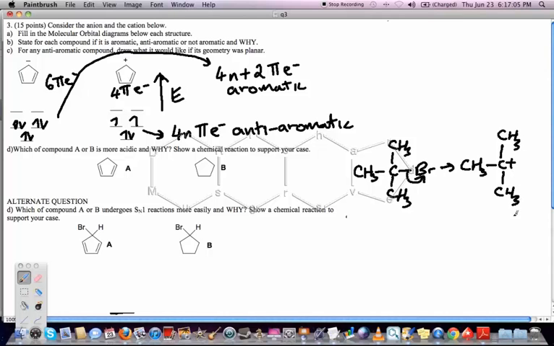This is a tertiary carbocation. And then some kind of nucleophile comes in and attacks the positive charge. And that gives us our compound. Alright, so that is a very typical SN1 process.